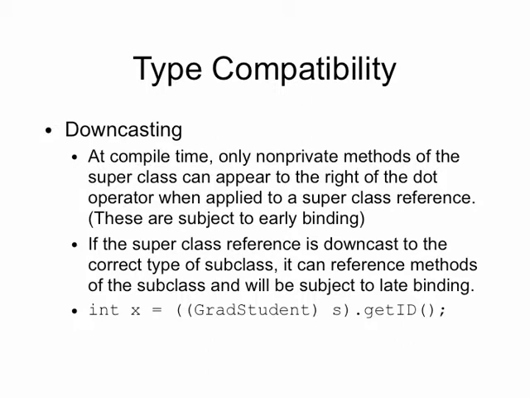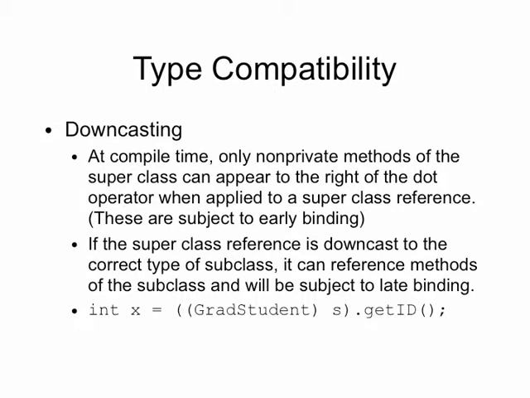We can get around that error by casting the reference. It's known as a downcast. If we say int x equals ((GradStudent) s).getID, we are casting that reference to a grad student first and then calling the getID method. Notice the parentheses. We not only need the parentheses around the typecast, the grad student, but we also need parentheses around the reference.